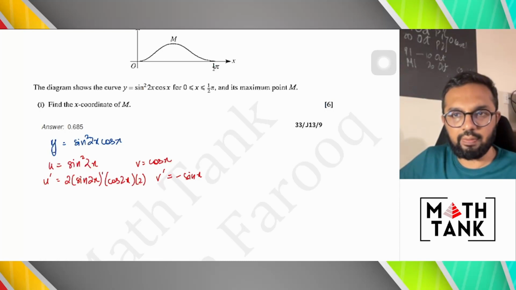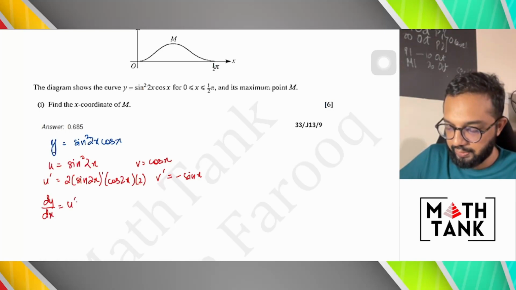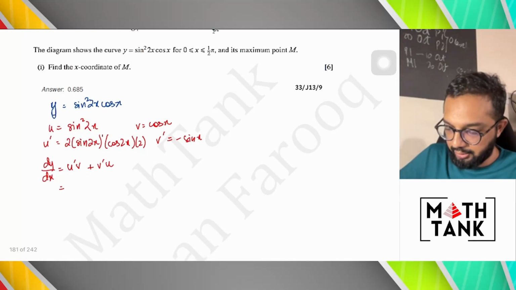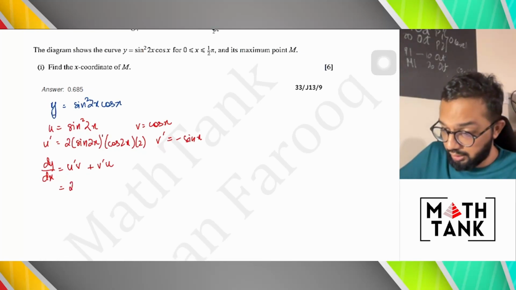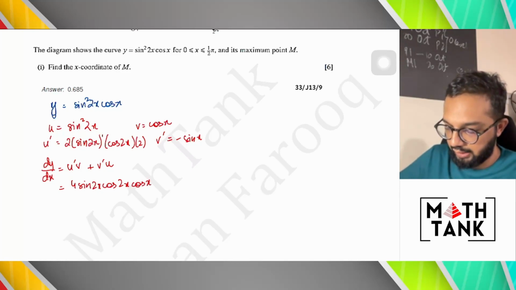I think that is relatively simple. So I have dy by dx as u dash v plus v dash u. U dash is 4 sine 2x cos 2x into cos x.